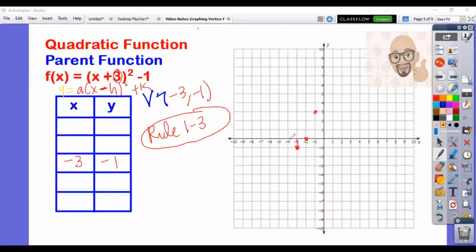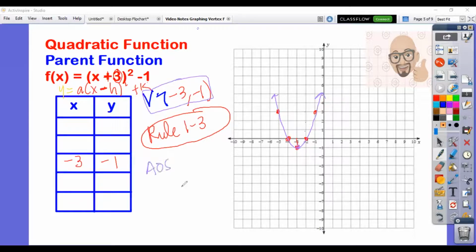And then you will do the reflection on the other side, and reflection right here. That will give me the points that I could have gotten on the table of values. So you can just connect these points here and kaboom. That is your parabola.